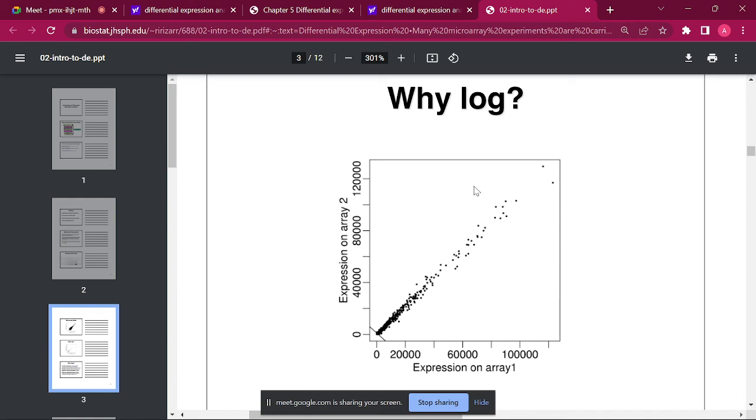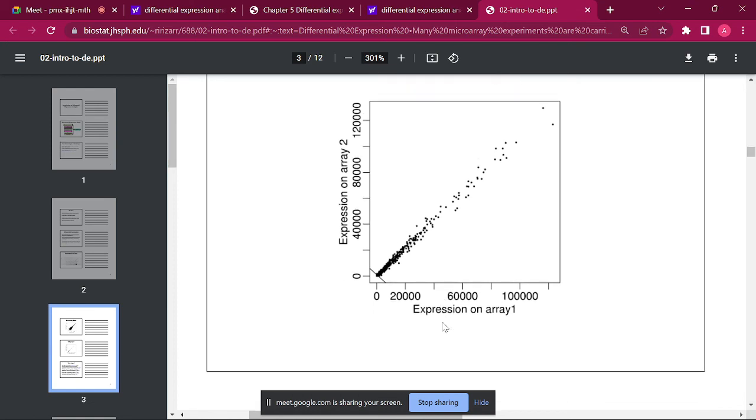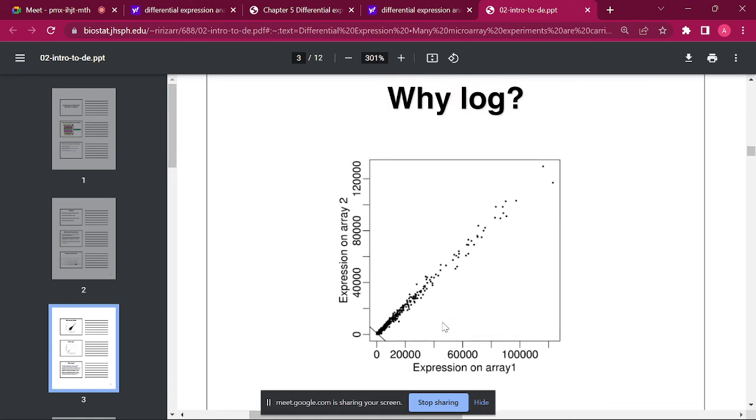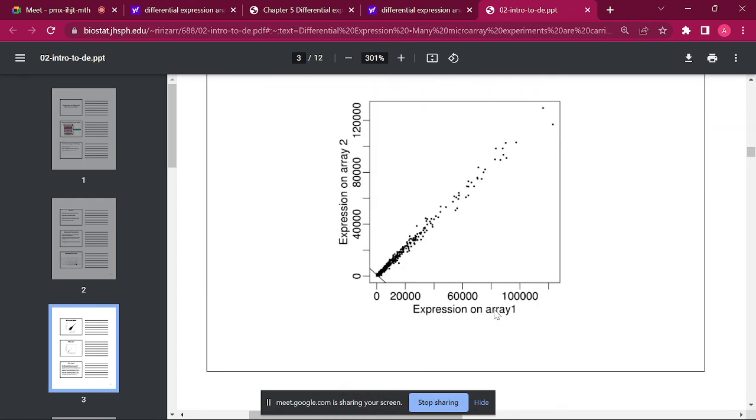I have explained in the last class also that the range of the data we get varies a lot, from 0 to thousands, and a lot of the values are centered around 0. To solve these issues, we take the log of the data, and after that the data transforms to a normal distribution.